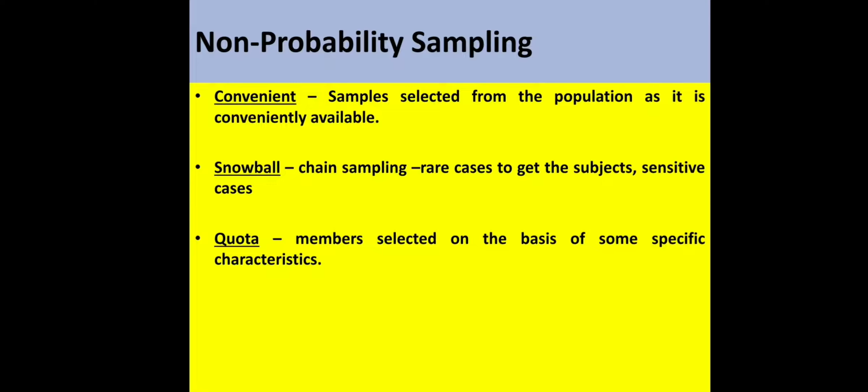Clear? So a group of people for the specific subject area is made possible through snowball sampling if and only if a chain is formed. So this is all about snowball sampling.